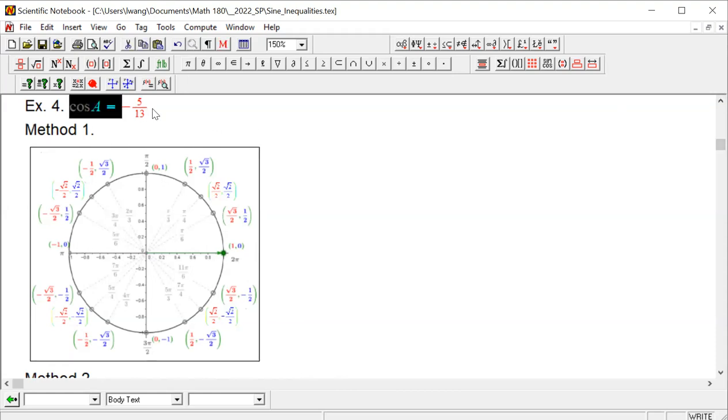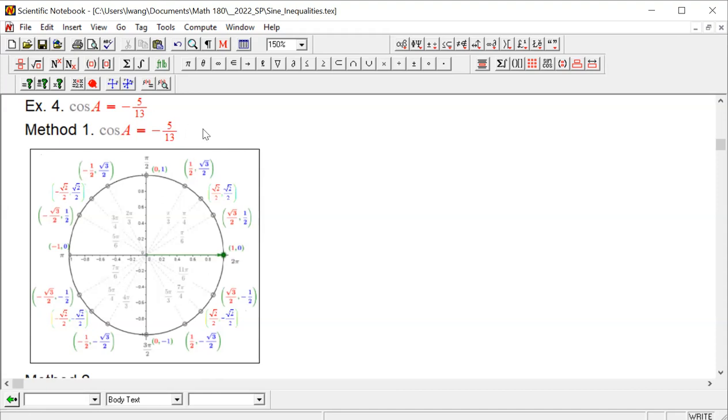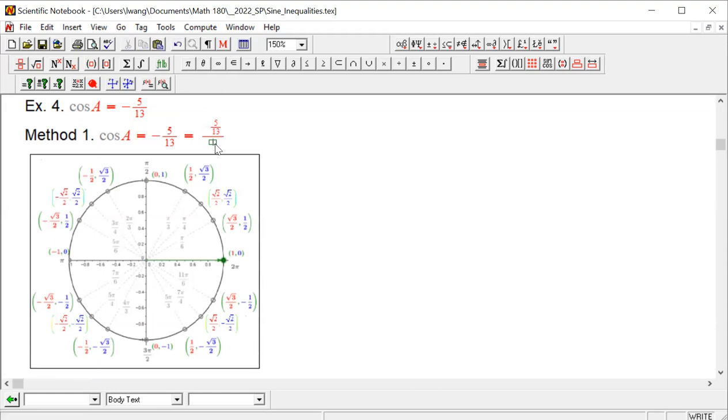Question at hand. Cosine equals negative 5 over 13. We can view this as negative 5 over 13 divided by 1, right? Why not? Right?